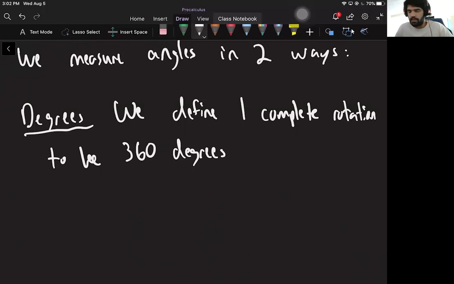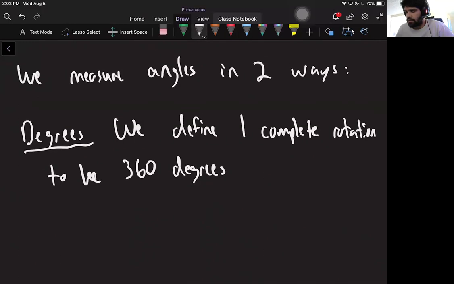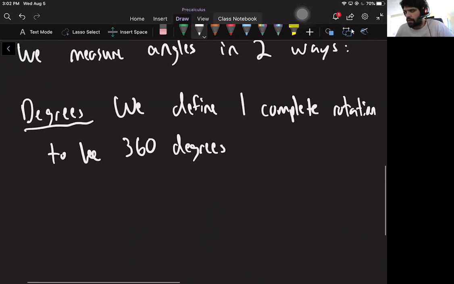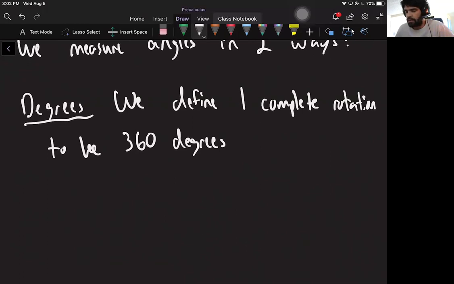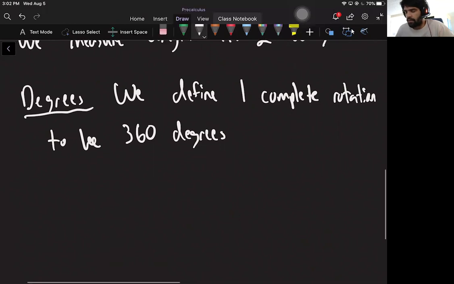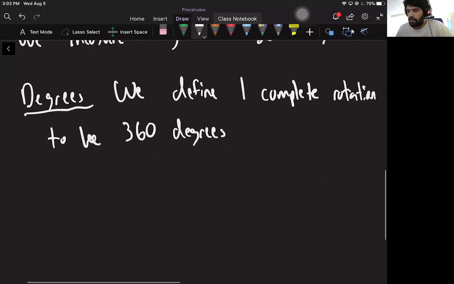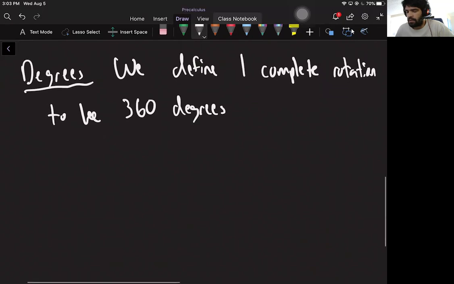And so the genius of choosing 360 as one full rotation is that 360 is very divisible by lots of numbers. So if we know that one rotation is 360 degrees, it's easier to figure out what a half a rotation is because I can divide 360 by a half. I could also divide 360 by a fourth or a fifth. So it's really easy to figure those things out.